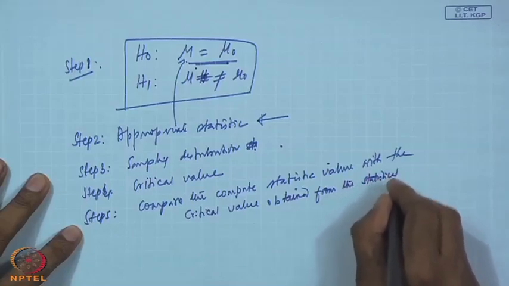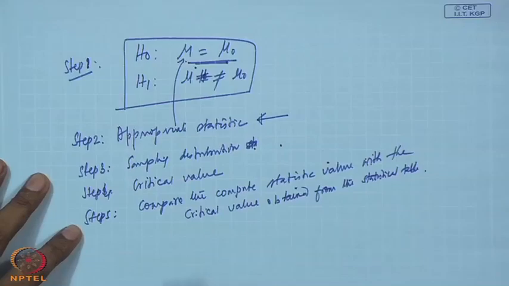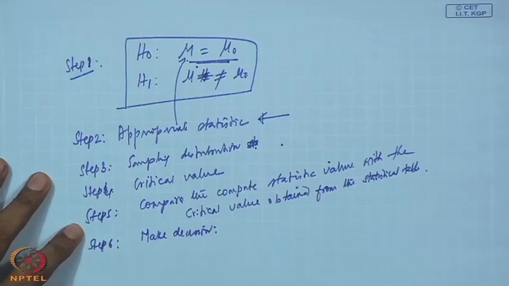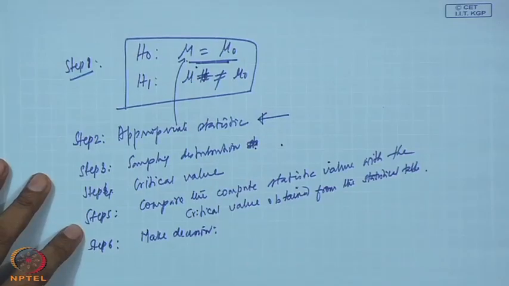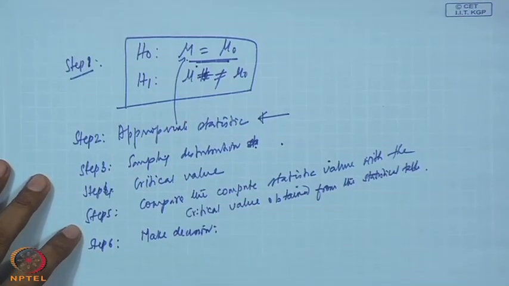You will use an appropriate statistical table. Then your step 6 is make decision. What will happen if your computed statistic is less than the tabulated value? Null hypothesis cannot be rejected.